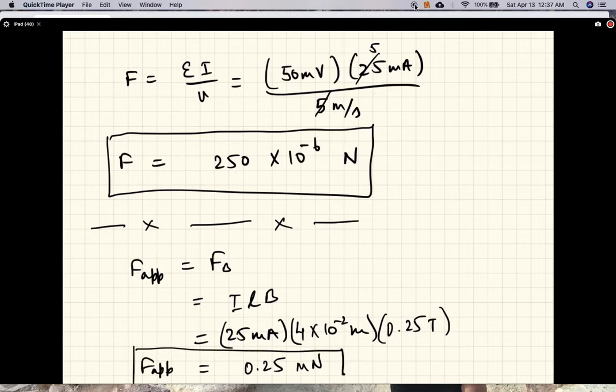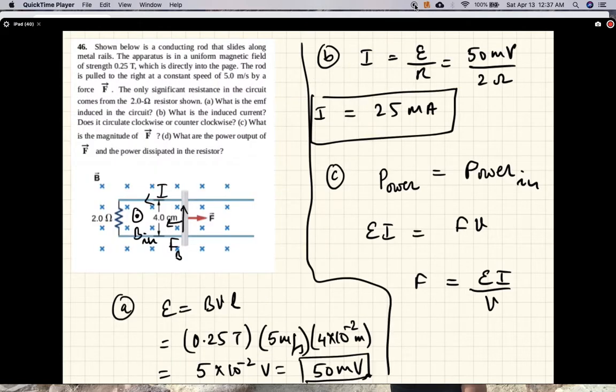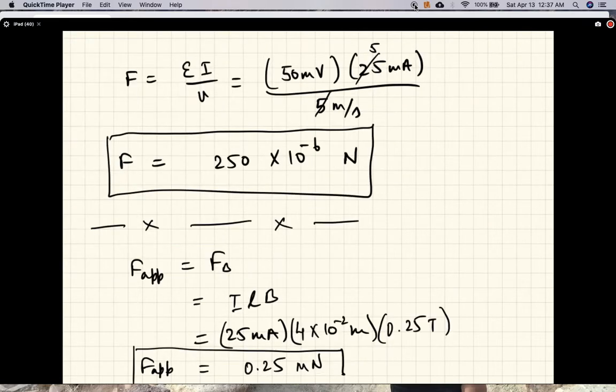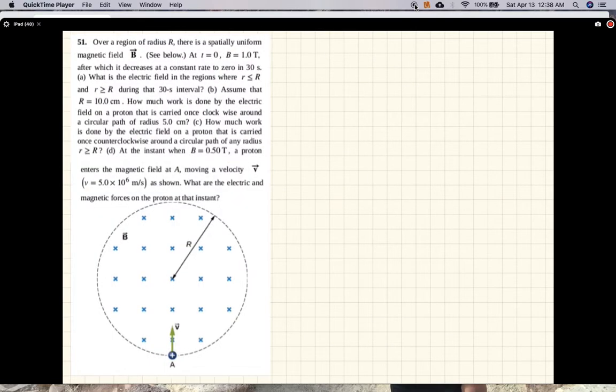Okay, and what is the power output of F and the power dissipated in the resistor? Now we'll calculate the power.